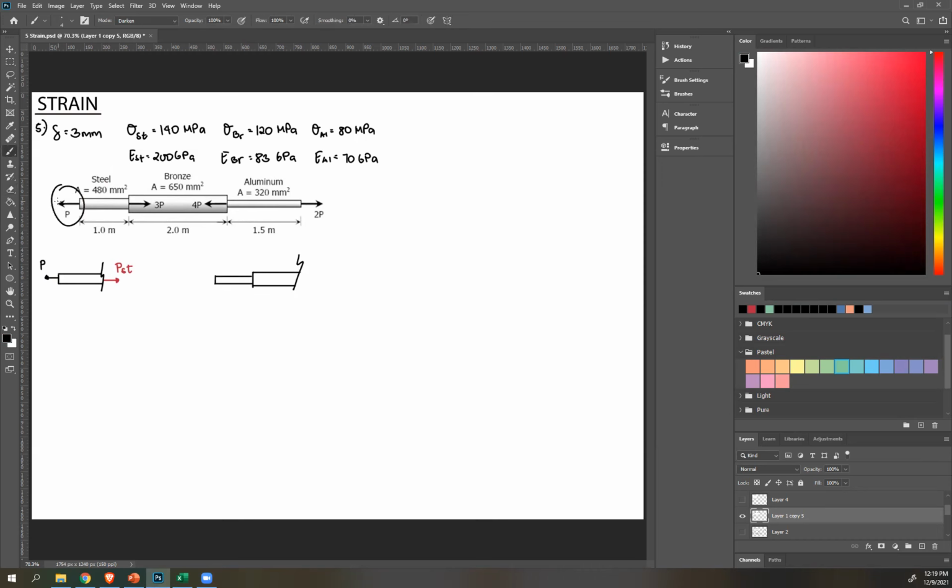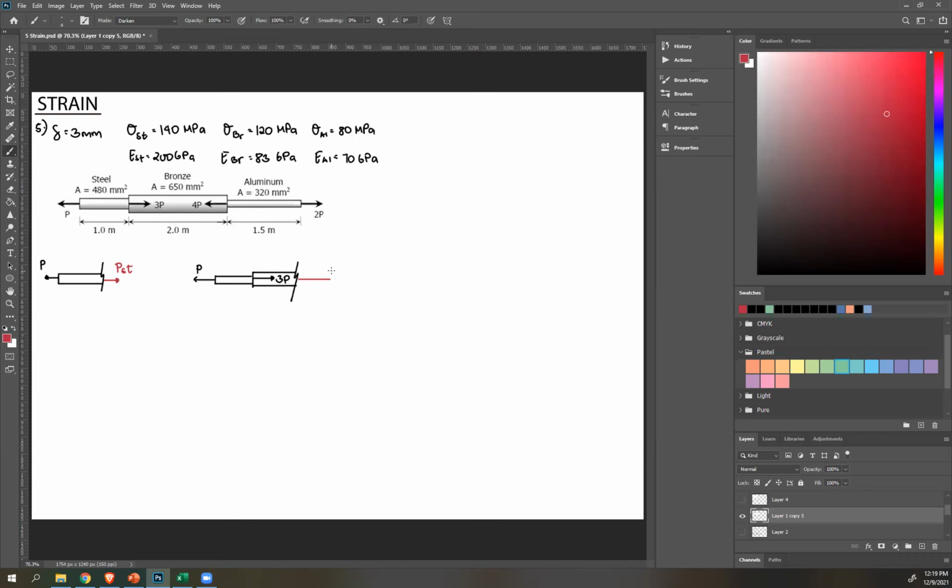Right? Again, there's P on the left. And aside from that, there's 3P over here as well to the right. So you should include that in your isolation. 3P. And then again, wherever you cut, there's going to be internal load. So over here.